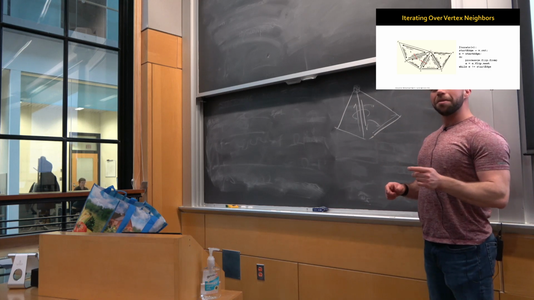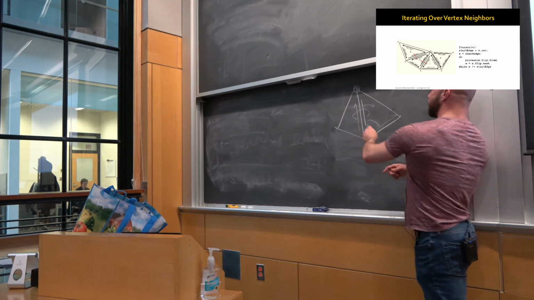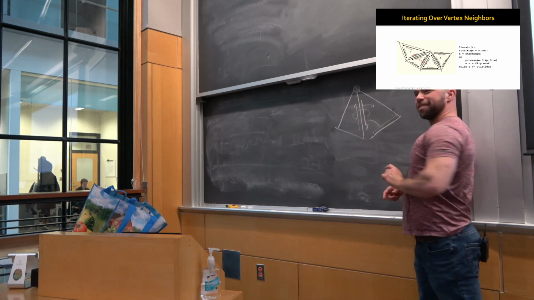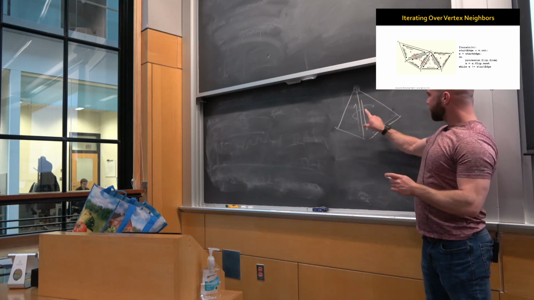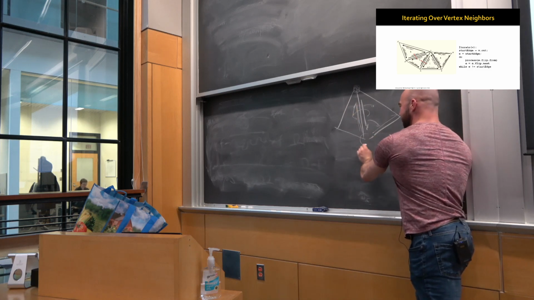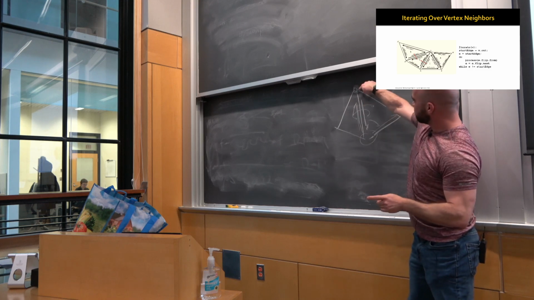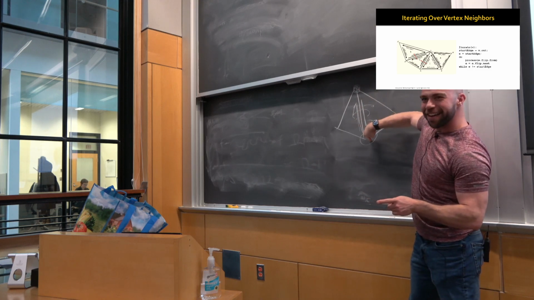Well, remember that every vertex has an out half edge pointer. So maybe I take this guy, I can flip to get that guy, and now I take its base, and I have one of the neighboring vertices. You see what I did there? So vertex, out, flip, next.